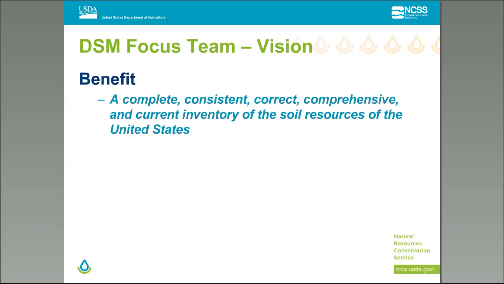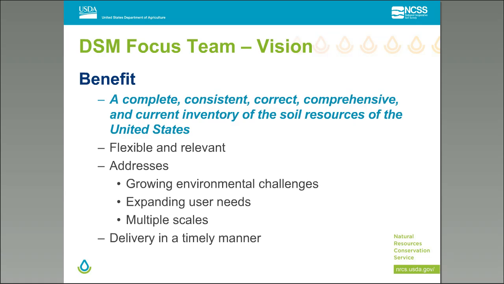And so I'm going to, our last slide here is, well, before I get to that, just a couple other thoughts on this. All right, so by providing this type of inventory, we need to be flexible in terms of how we produce the products and how we provide them to the end users, and that's going to help the inventory remain relevant.